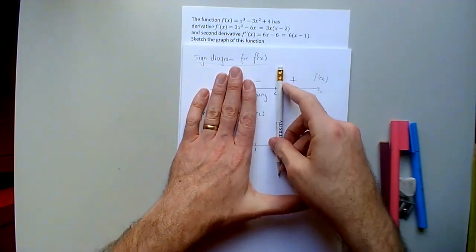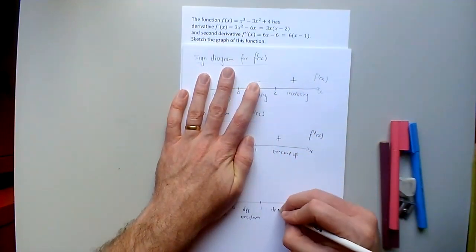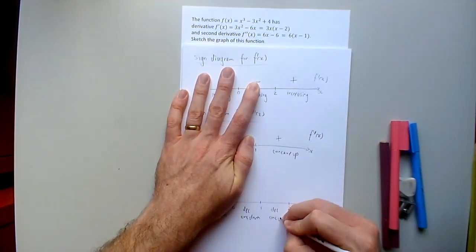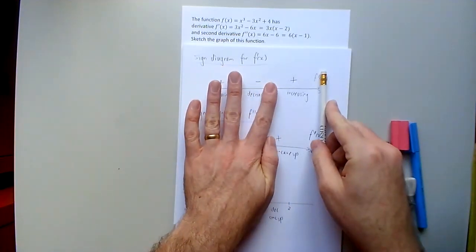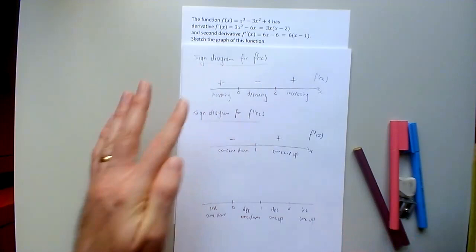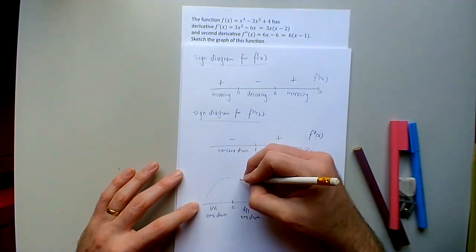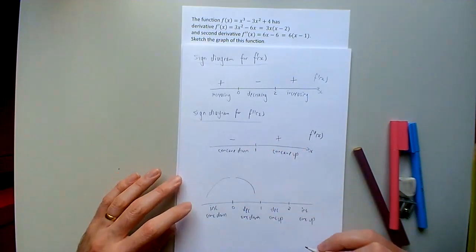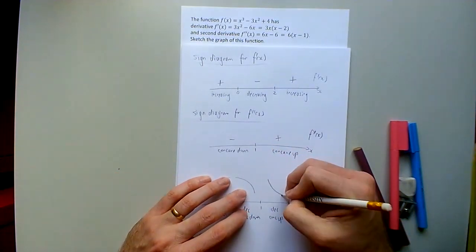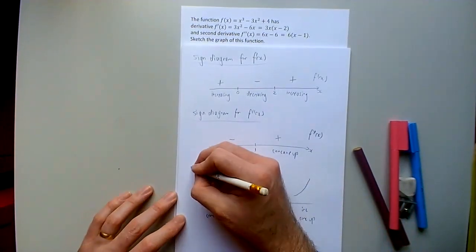And in this third zone between 1 and 2, it's still decreasing, but now it's concave up. And then over in this last zone, it's now increasing and it's concave up. So increasing concave down is like this shape, decreasing concave down is like this shape, decreasing concave up is like this shape, and increasing concave up is like this shape.